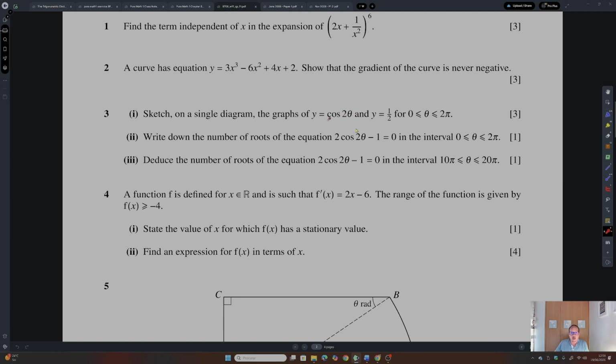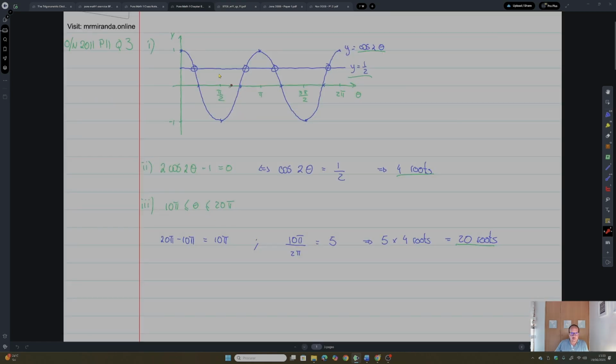Okay, again, you should always start with the original function, which is the cosine of theta, and apply this transformation, which shrinks the cosine of theta to a half. Instead of a full cycle that you would have for the cosine of theta between 0 and 2 pi, you have 2 cycles, right? So that's basically what you have over here.